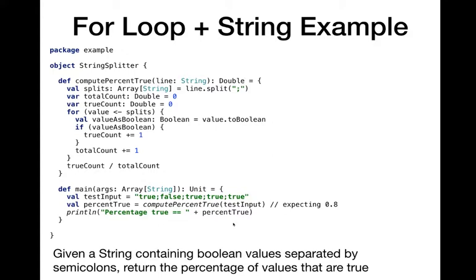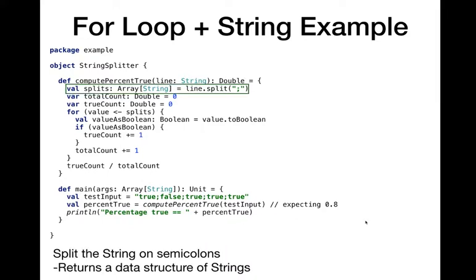So if I run this program, I would expect 80% to be printed. I'm just printing it to the screen. I would expect percentage true to equal 0.8 for 80%. So that's what I'm expecting here. Let's step through this and see how we're doing that and what's happening. In this example, I'm throwing a bunch of code at you right up front, so let's take a few slides, digest this, and see what's going on.